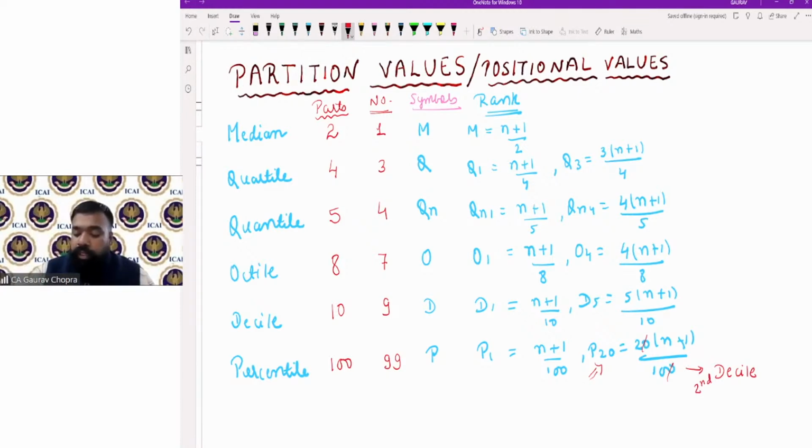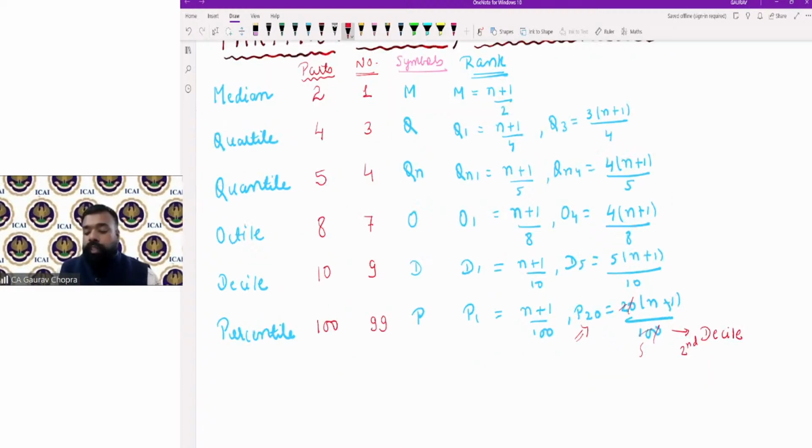If you cancel further, 2 and 10, 5 is left. Since 5 is in the denominator, denominator 5 means quantile, and 1 is there, so it is the first quantile, Qn1.